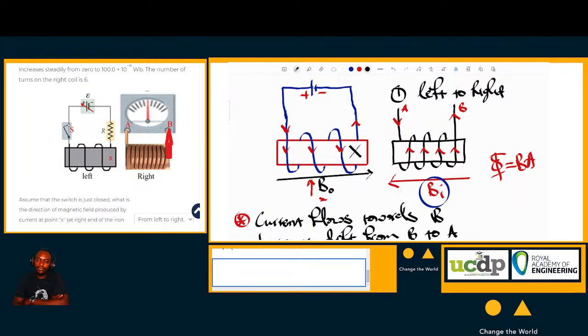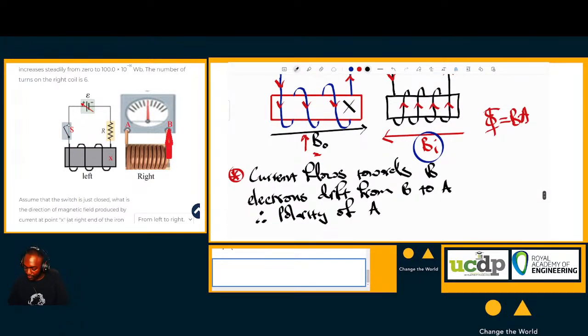So now, if you look at our question, we've used our right-hand grip rule to determine the direction of conventional current, and we can see that our current flows from A to B. If current is flowing from A to B, then the electrons will be drifting from B to A. Therefore, what will be the polarity of A?